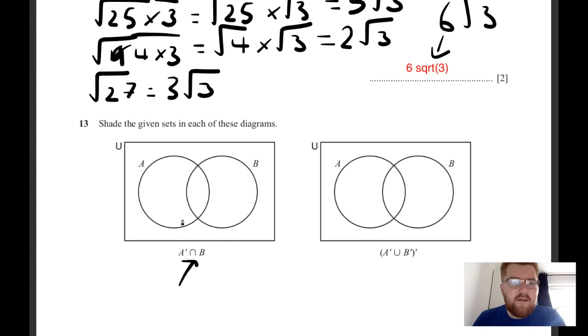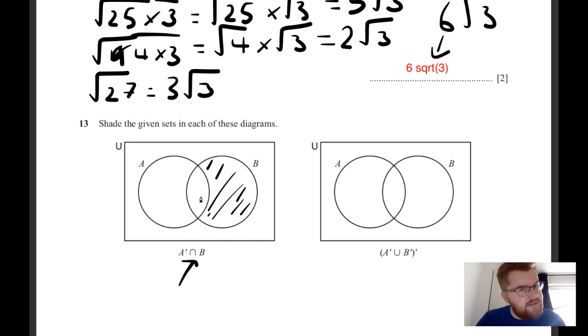So first of all, we think of everything that's not A. So everything that's not A, that is basically everything outside and this part of B. Okay. Now we also want 'and B', so we ignore the outside of our Venn diagram, and so we shade in this particular part here.